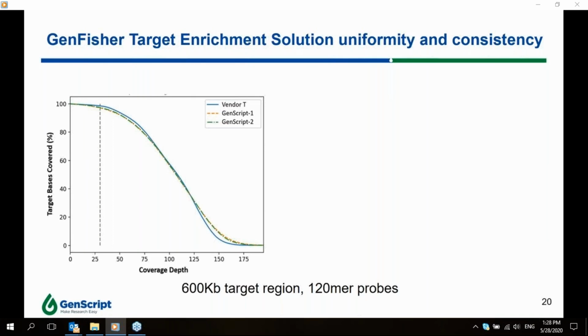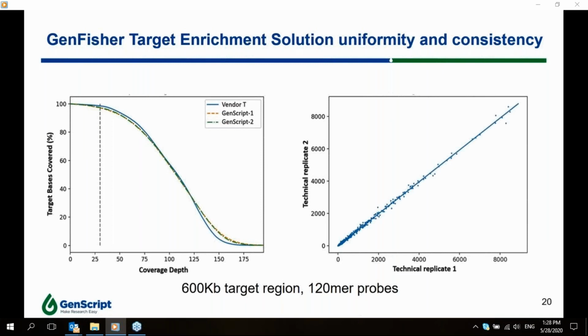Vendor T here is a recognized leader in creating uniform NGS capture pools, and you can see the GenScript panels closely match it. Shown on the right is the comparison of capture efficiency at the per-probe level for two independently synthesized capture pools against the same target region by GenScript. It shows that our semiconductor synthesis and subsequent probe manufacturing process guarantee high batch-to-batch consistency.